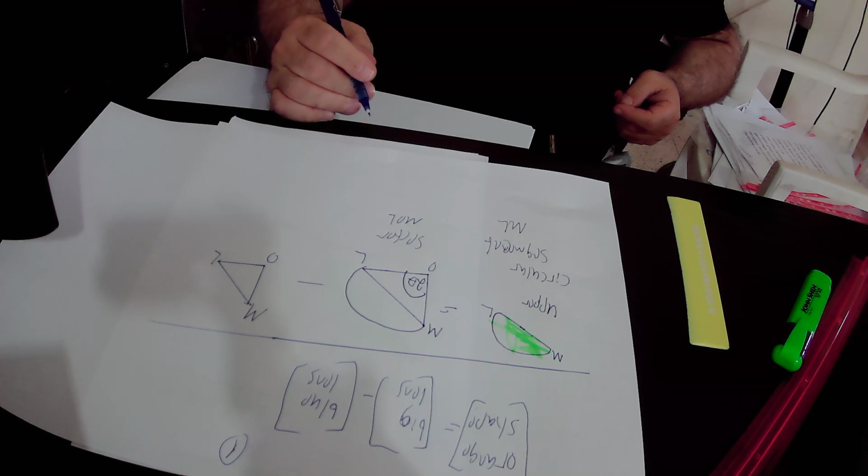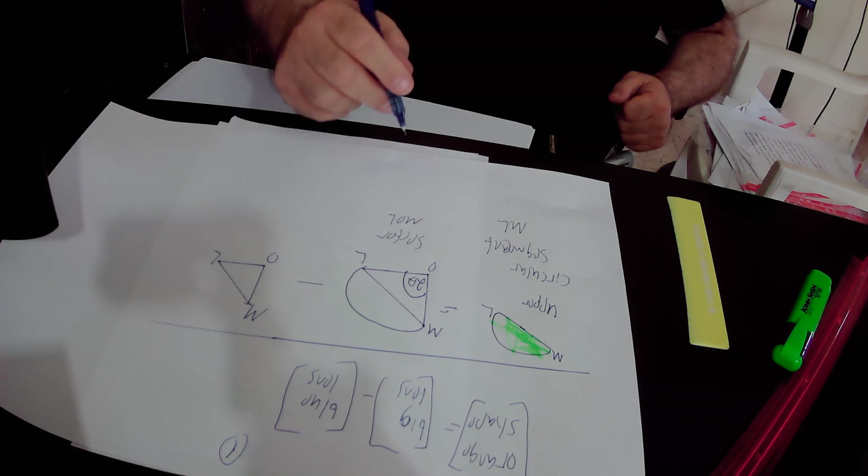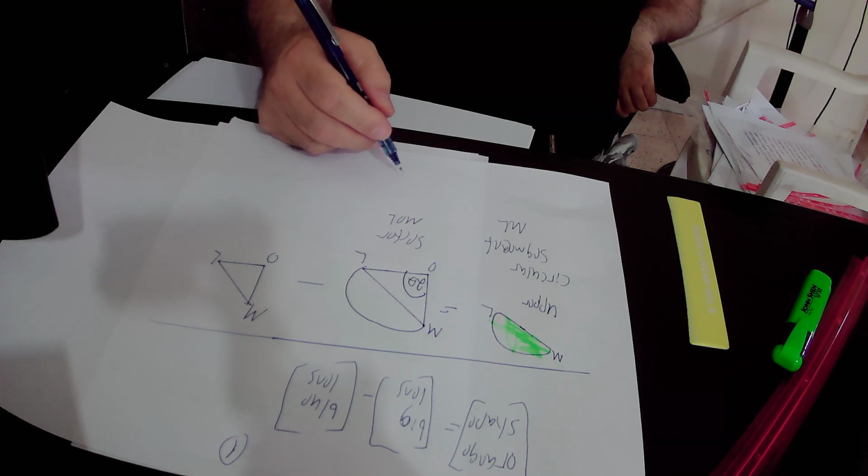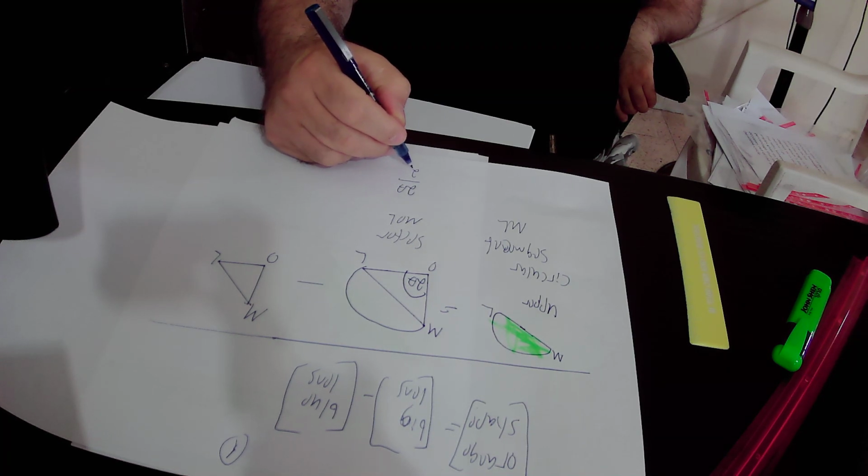So what is the area of sector MOL? The area of sector MOL equals 2 theta over 2 pi.